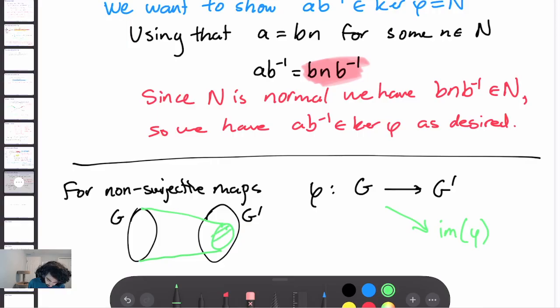But it is still going to hit this piece here. We know that this image is a subgroup of G prime, not just a subset, right? It's really a group in and of itself, and it is a subgroup. And the first isomorphism theorem applies to this.